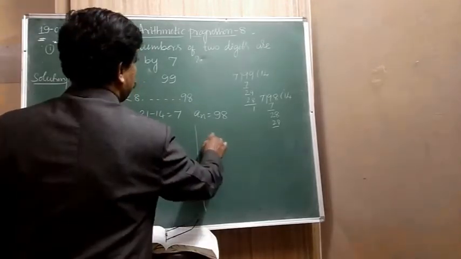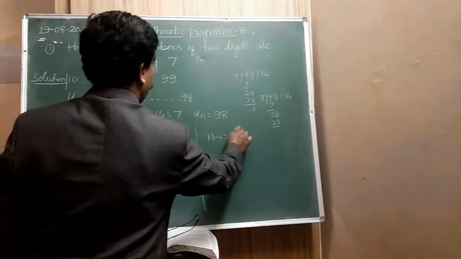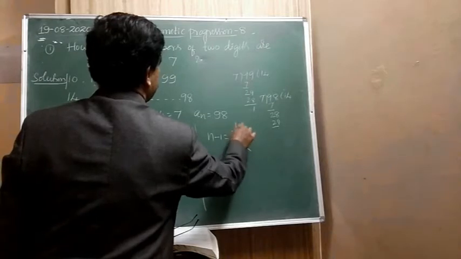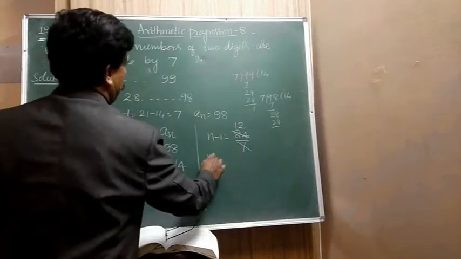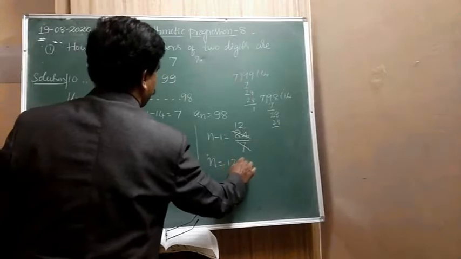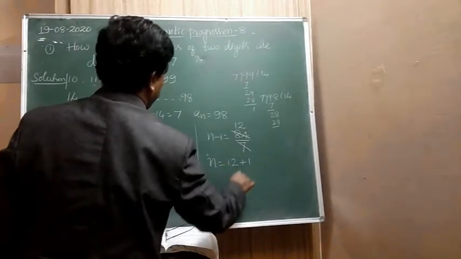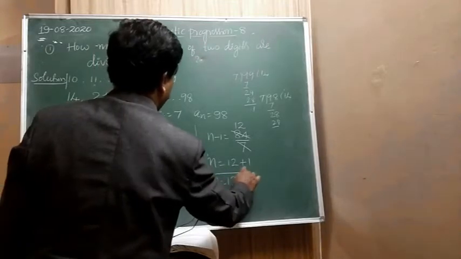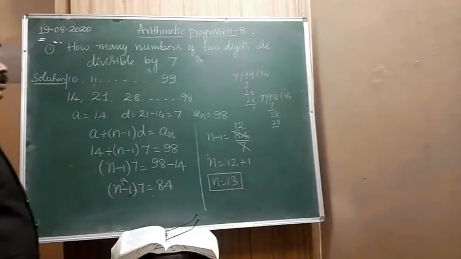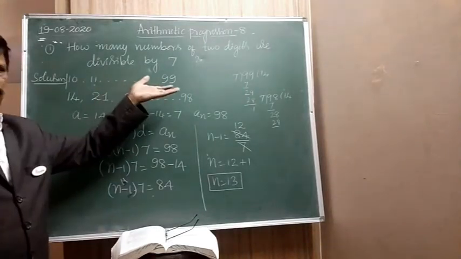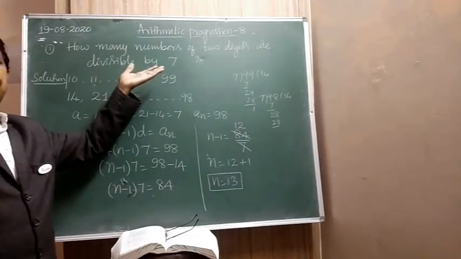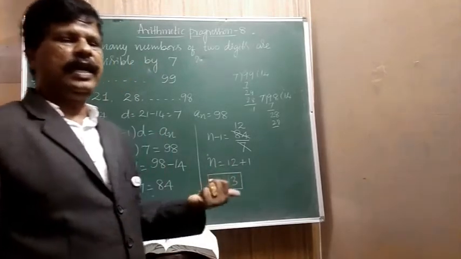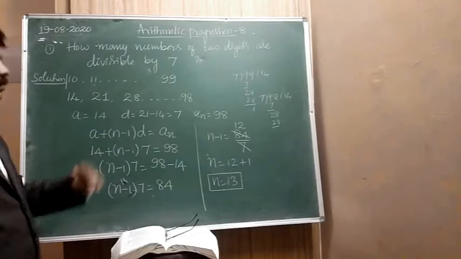Next, n minus 1 is equal to 84 by 7. 7 twelves are 84. Then n is equal to 12 plus 1, so n is equal to 13. You can change the multiples in the given question, like 5, 9, 8, 6, and then find out.